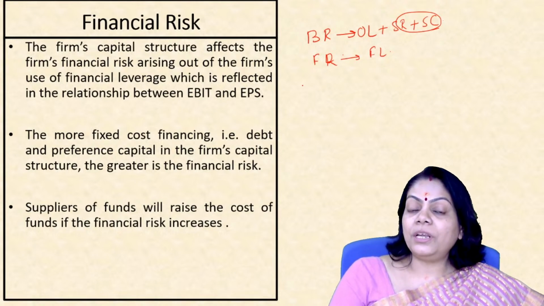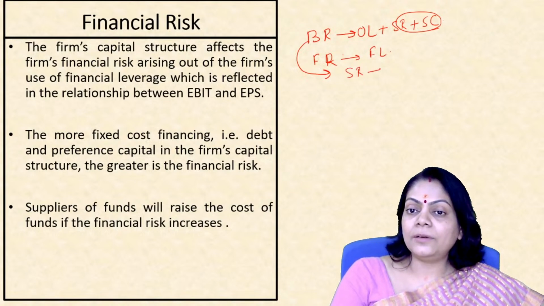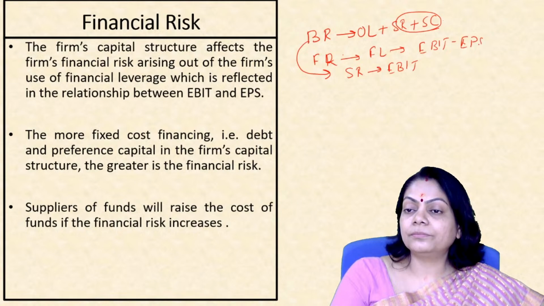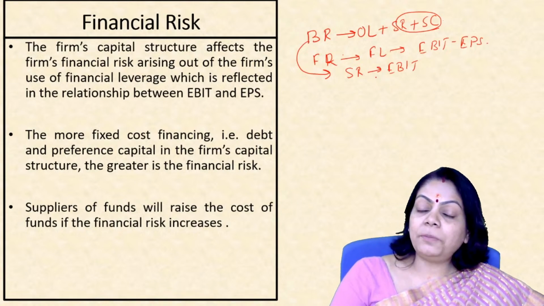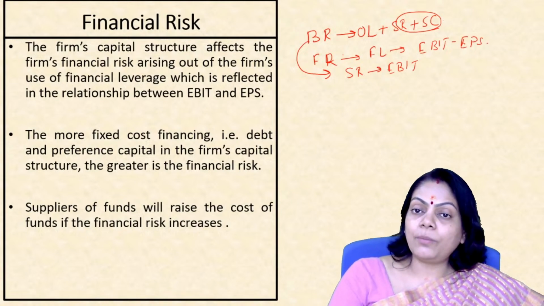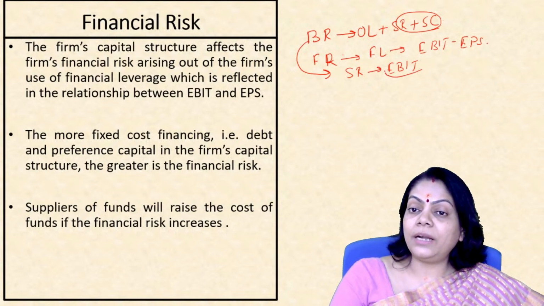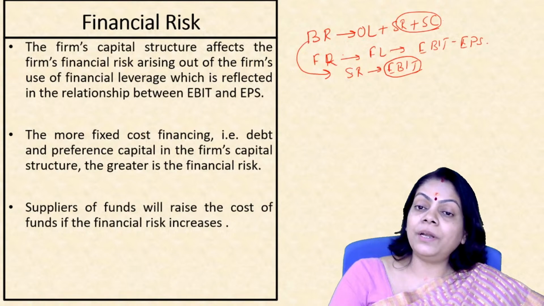Operating leverage, or business risk, talks about the relationship between your sales revenue and EBIT, whereas financial leverage, or financial risk, talks about the relationship between EBIT and EPS. Please keep in mind that when we are talking about operating leverage, EBIT is a dependent variable, dependent on sales revenue.